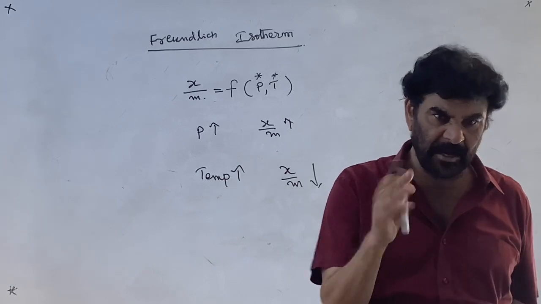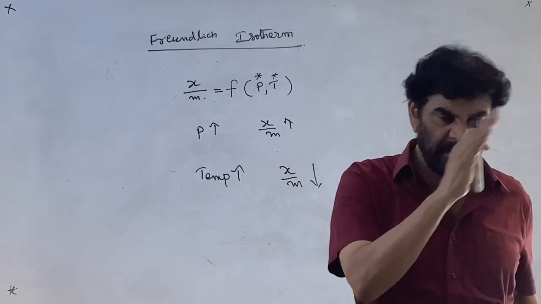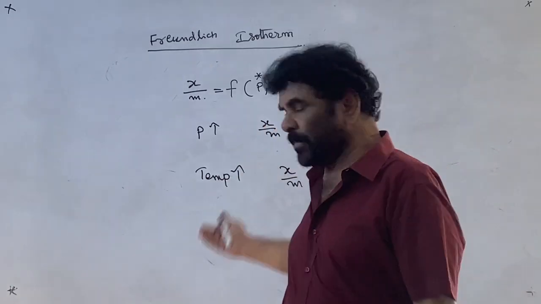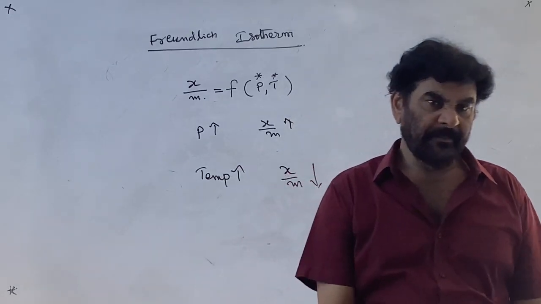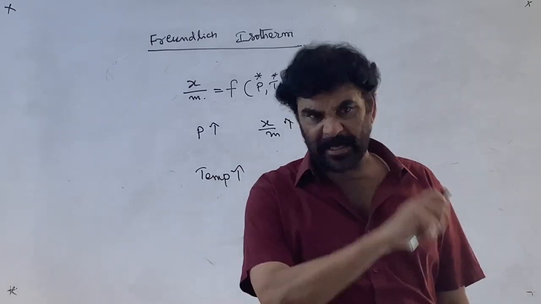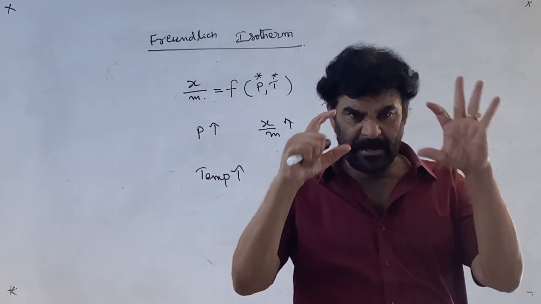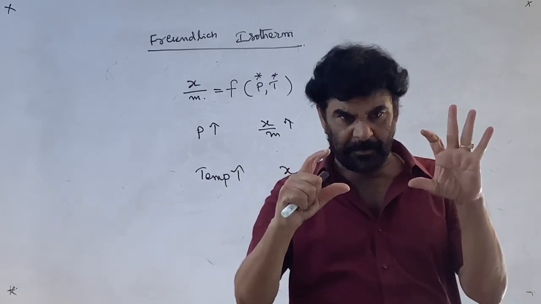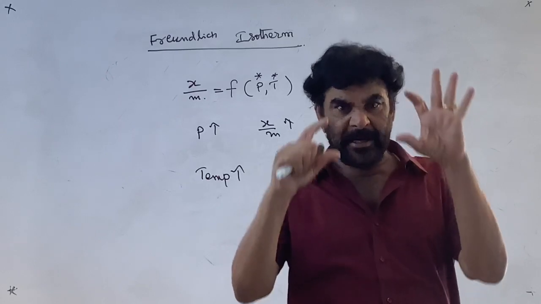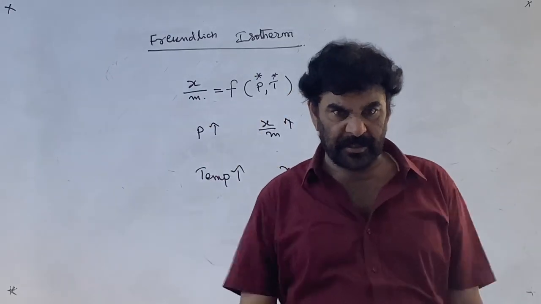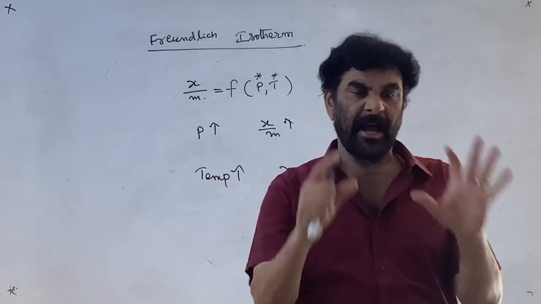It may be a graphical representation, a mathematical expression, or a statement. Whichever is valid under constant temperature conditions is called the isotherm.